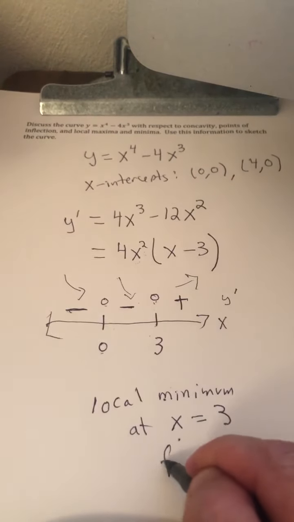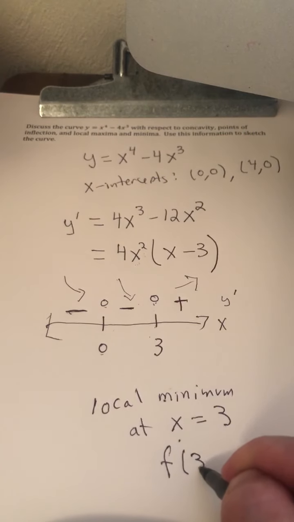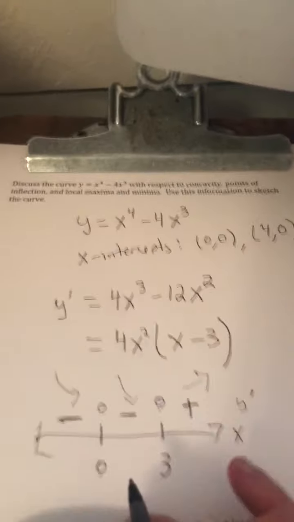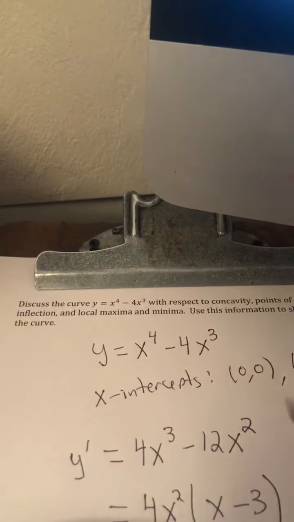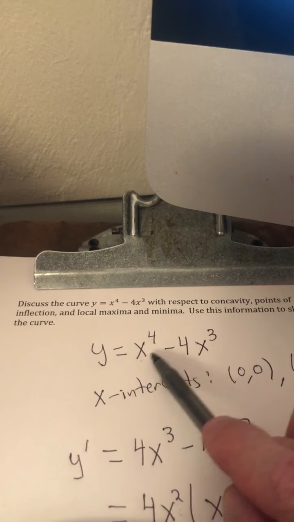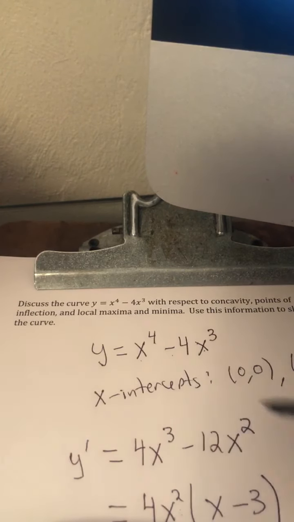Now, in case you're curious, let's plug 3 into our original function. Remember, our function is y is equal to x to the fourth minus 4x cubed. Well, 3 to the fourth is 81.